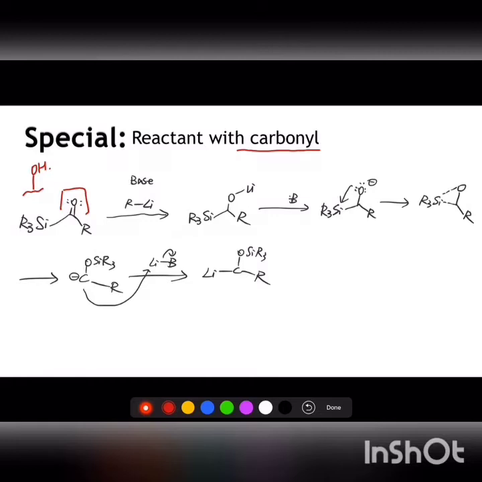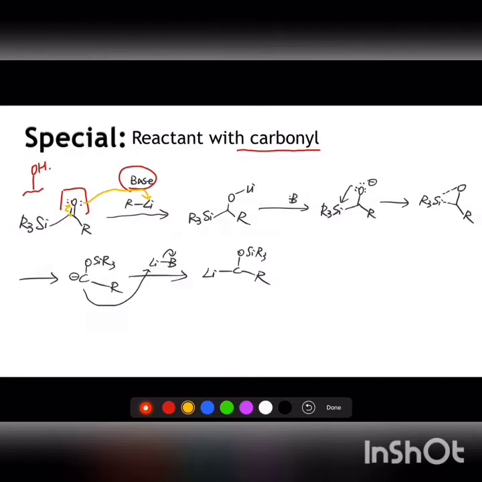The same thing is that it is under the base environment. So this lithium atom replaces the hydrogen, right? And the lone pair on the oxygen will attack the lithium atom, and the carbon's double bond will break and give electrons to the oxygen. And then we got this one.